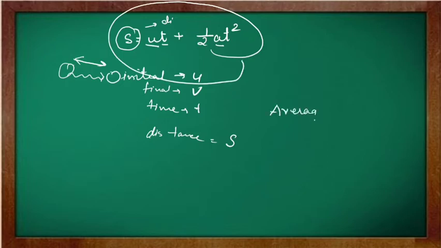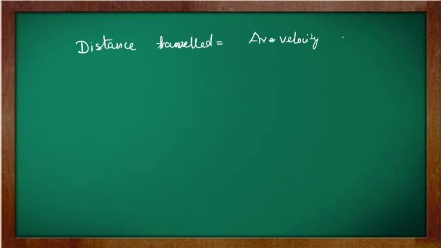So let us see average velocity. The average velocity is calculated first. The average velocity is equal to initial velocity plus final velocity divided by the total time. So we got the average velocity is equal to u plus v by t. Now what we know is that distance traveled is equal to average velocity multiplied by time.